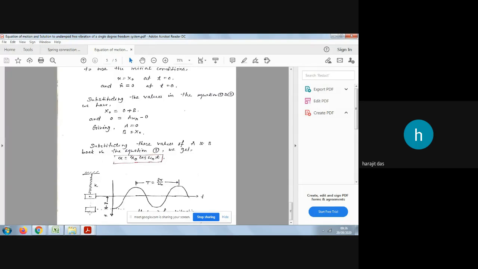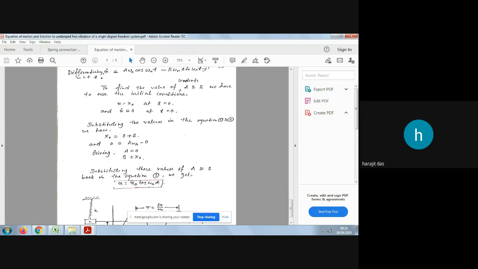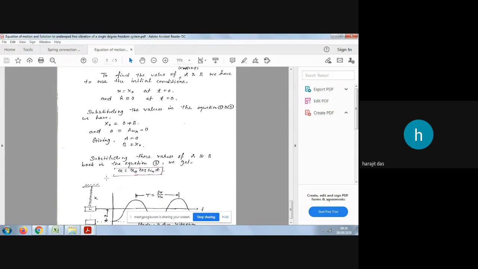The initial displacement is taken as x naught. Initial means t equals 0, so at t equals 0, the displacement was x naught. So x equals x naught at t equals 0, and at that condition there was no velocity.